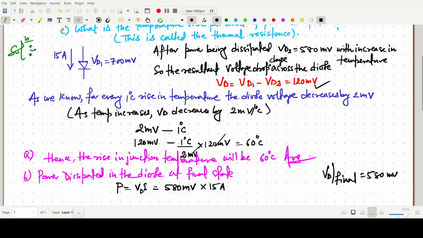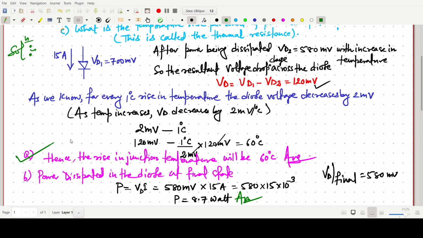So 580 into 15 into 10 to the power minus 3. If we solve, this power will be 8.7 watt. This one is the second part.